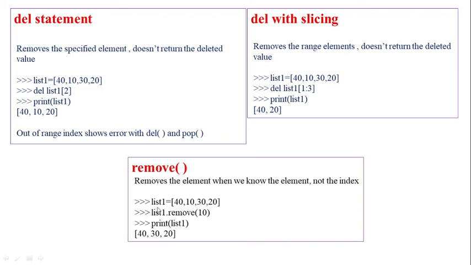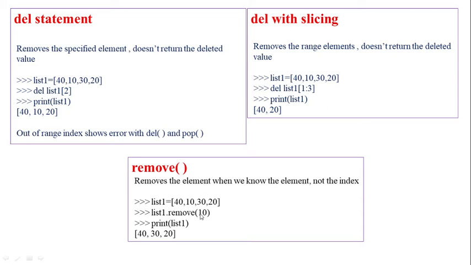We have a list with 4 elements, list 1 with 40, 10, 30 and 20. Then list 1 dot remove 10. 10 is a value. In the previous 2 examples with the pop function and del statement, we have seen an index, right? But here in remove, you can see the element itself.